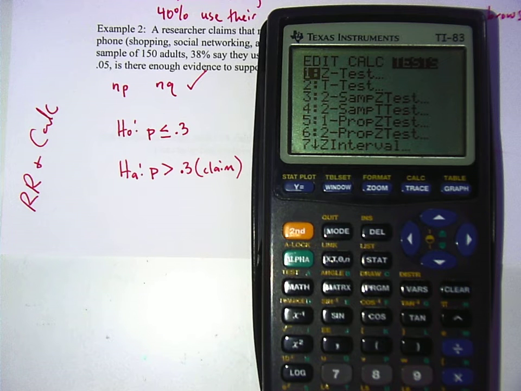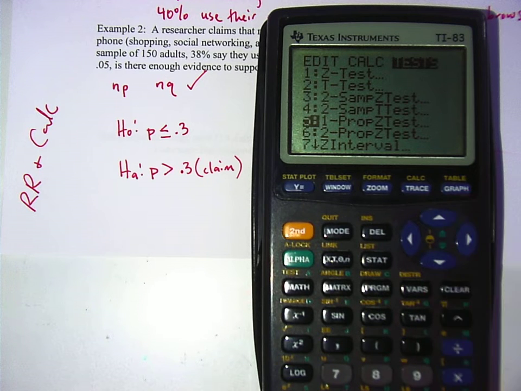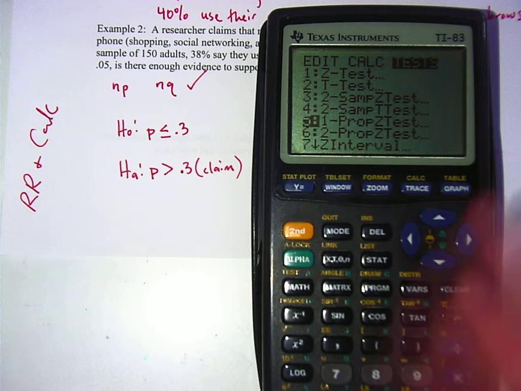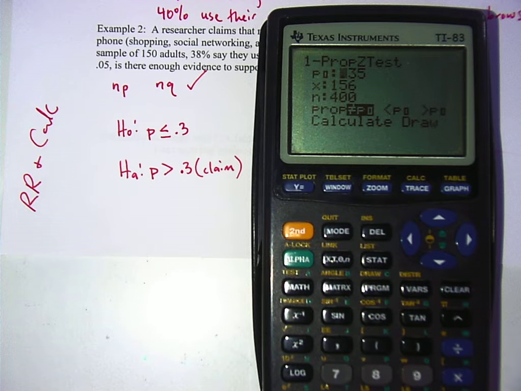I know you'd think so because there's a z involved, right? But that's for means. One proportion z-test? Yeah, that's right. The two-proportion one, guys, that's if you're comparing two different populations. So one proportion z-test is what we're doing.